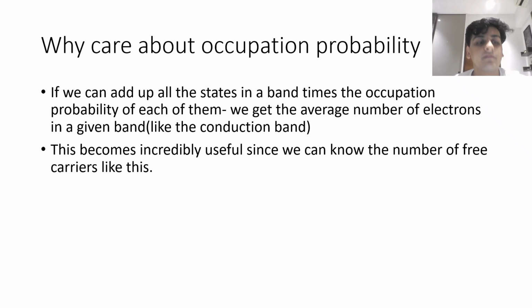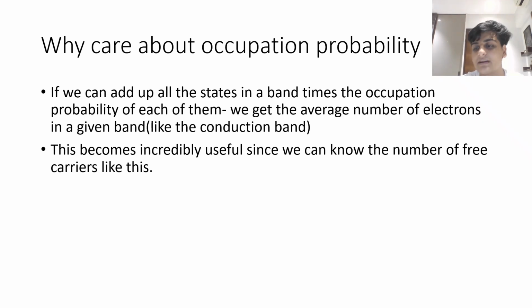Cool. So now that we've talked about what occupation probability is and what the expression for it is, why do we care about occupation probability in the first place? The reason is that if we add up all the states in a band times the occupation probability of each of them, then we get the average number of electrons in a given band.